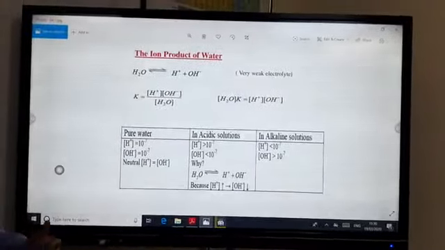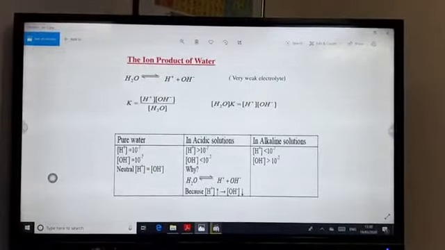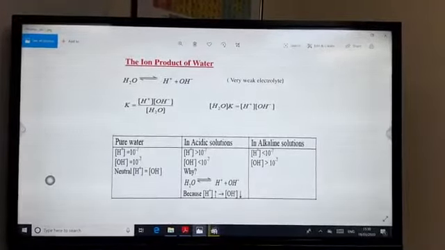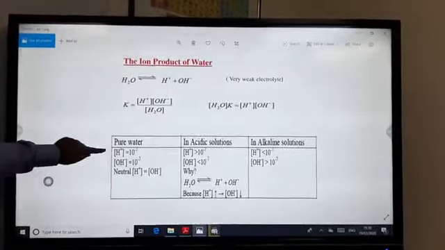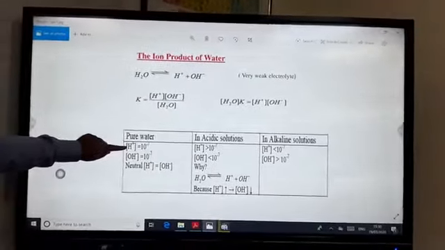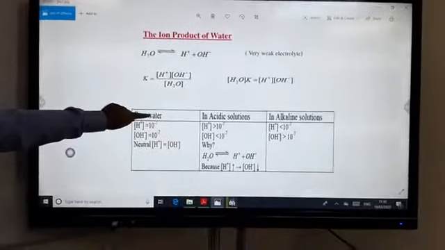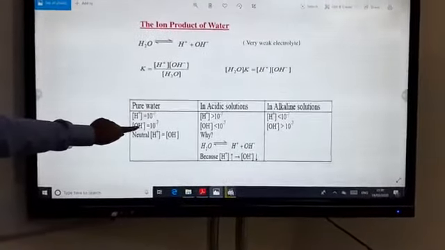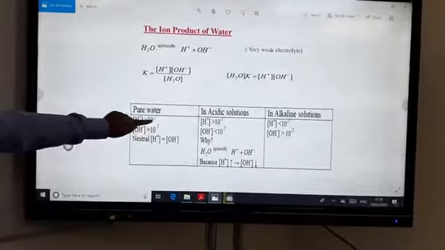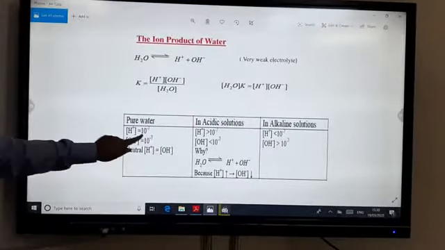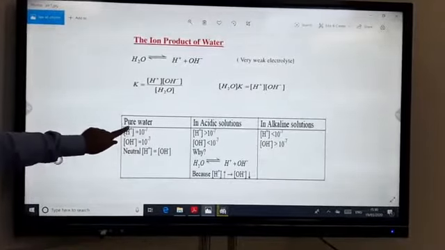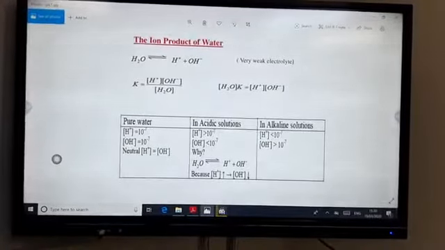Now we want to divide it into pure water, acidic solution, and alkaline or basic solution. Look here, in pure water the concentration of hydrogen ion is 10 raised to the power minus 7 and the concentration of hydroxide ion is 10 raised to the power minus 7. So both concentrations are equal, so we call it neutral, and it is pure water.